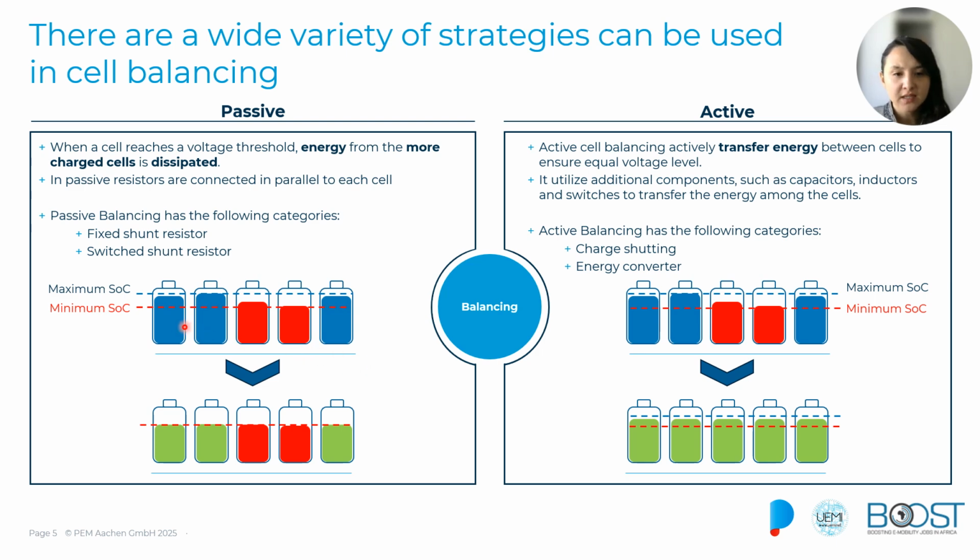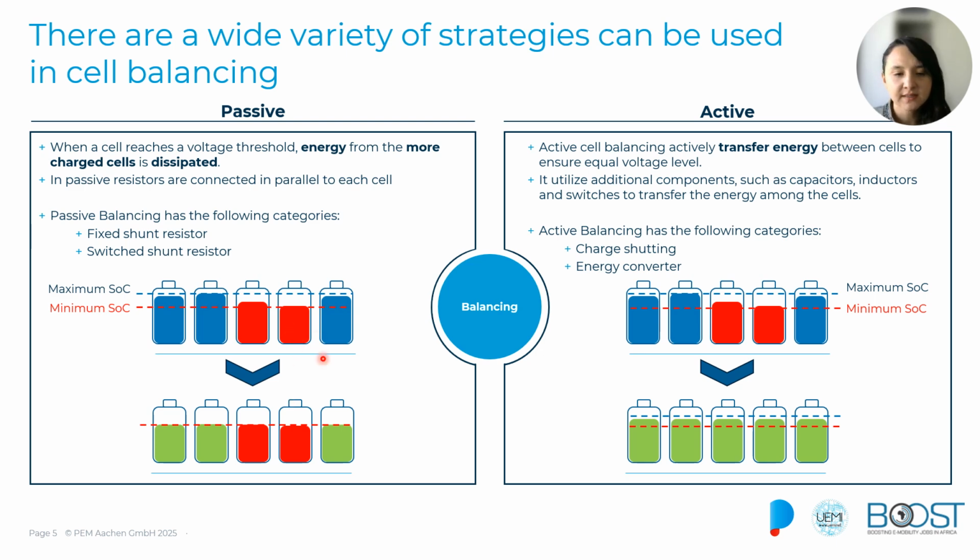So let's see how passive balancing works. In this case, we have 5 cells, and we are going to highlight the cell that has the maximum state of charge and the cell that has the minimum state of charge. When any of the cells reaches a predefined threshold, the BMS will monitor the voltage of all of the cells and will activate the balancing resistance to drain the excess of charge.